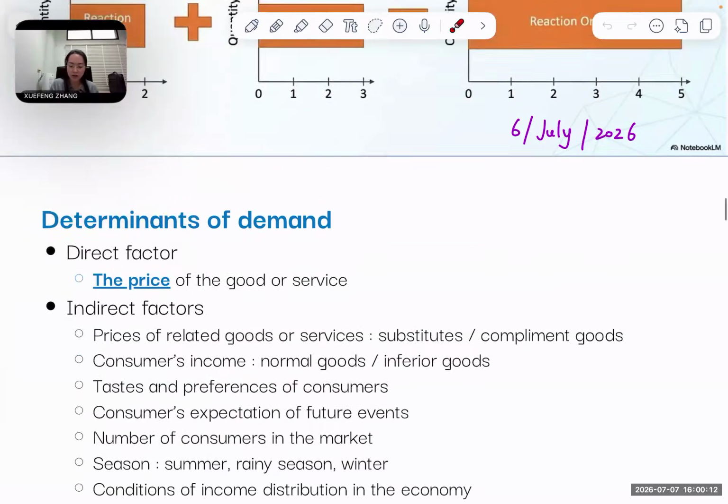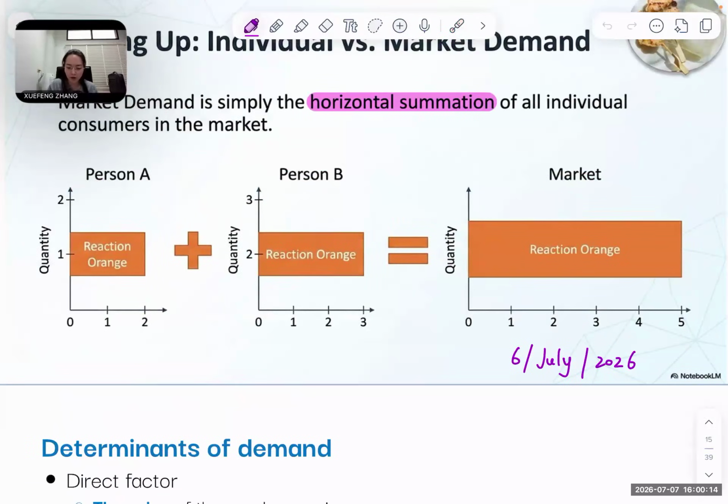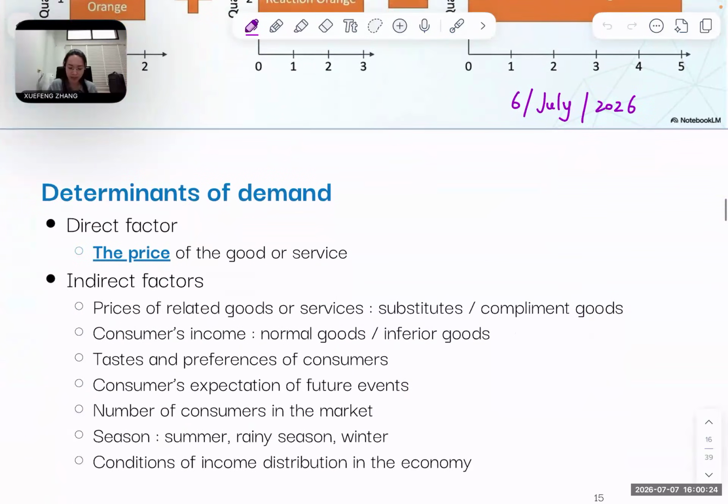So far, we've only looked at one factor, which is the price, okay? Like here, the price. That's the direct factor. It moves you along the demand curve. Everything else on this list is indirect factors. This shifts the whole curve.